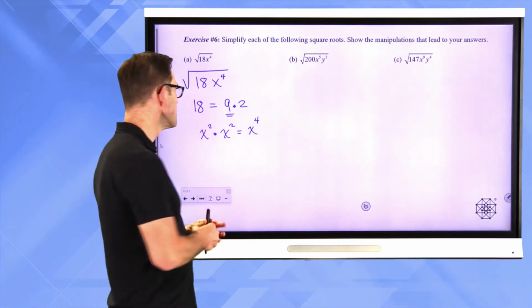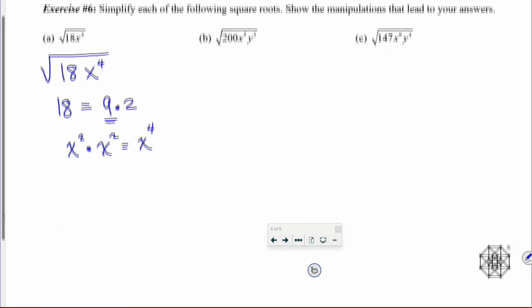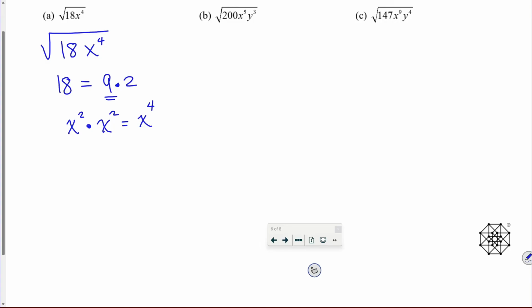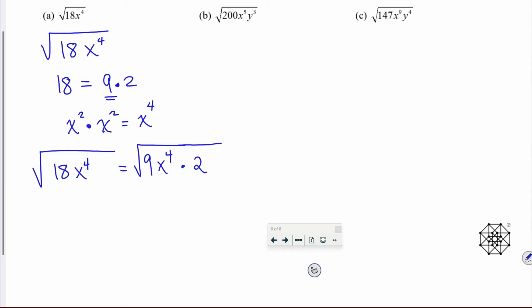So I can take this entire thing, and remember what I'm looking to do is take the square root of everything I can and leave everything I can't. So I'm going to break this down into this, then make it into this.